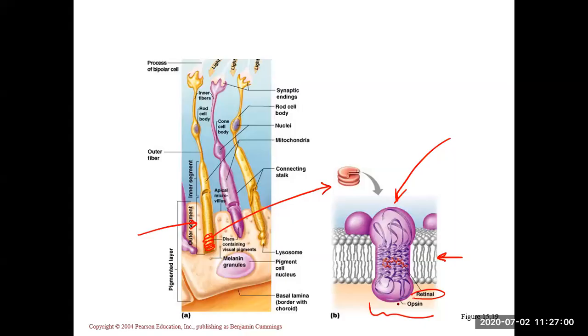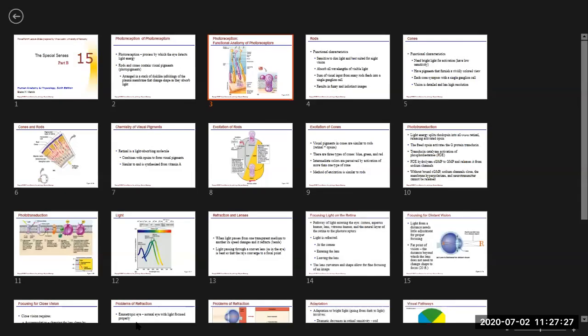Two different things happen. When it's dark, the opsin and retinol are connected together, so you have rhodopsin. However, when the light comes in, it changes the conformation of the retinol and it no longer has the same shape. That change in shape is going to cause a lot of changes.